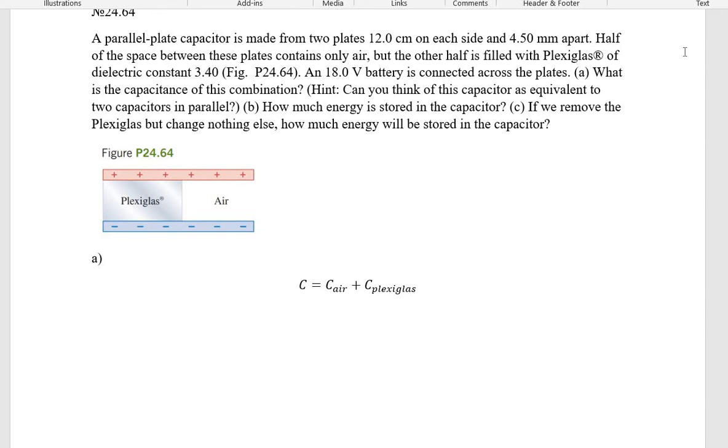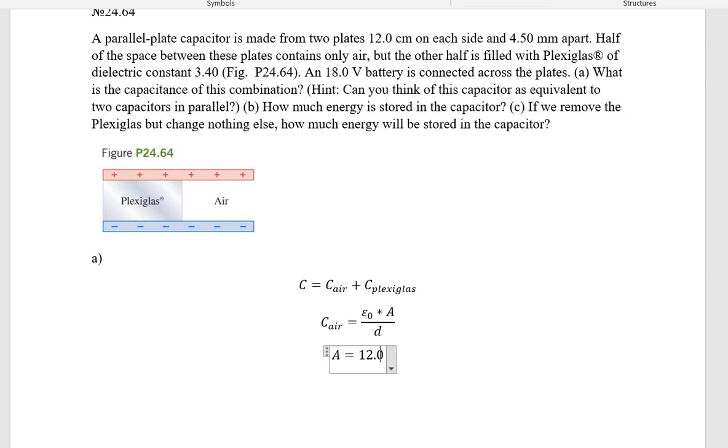The capacitance of air itself equals epsilon multiplied by A, which is the area of the plates that we have to find as well, divided by the distance, d. So to calculate the capacitance of air, we have to calculate the area of the plates first.